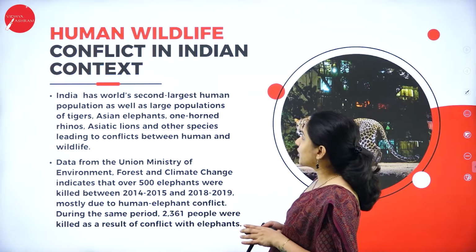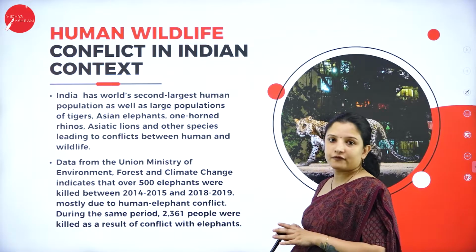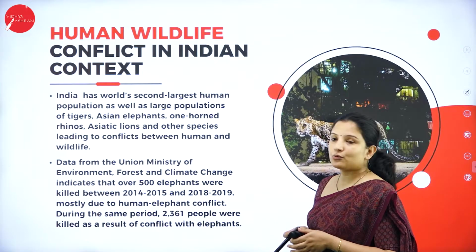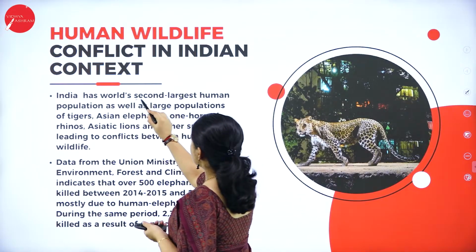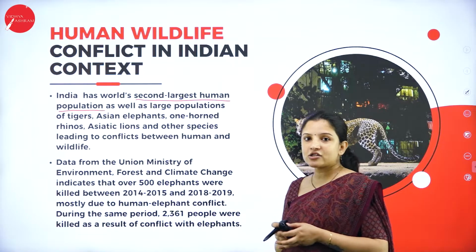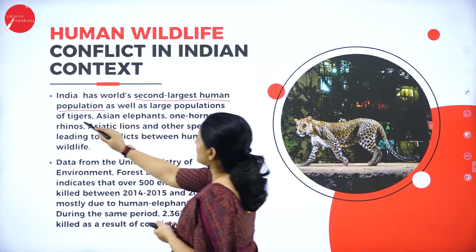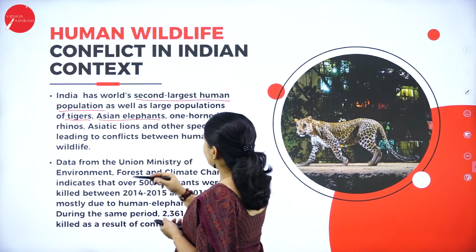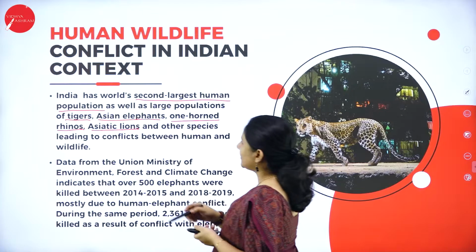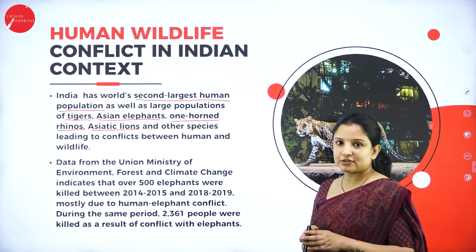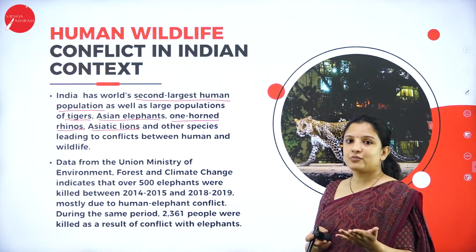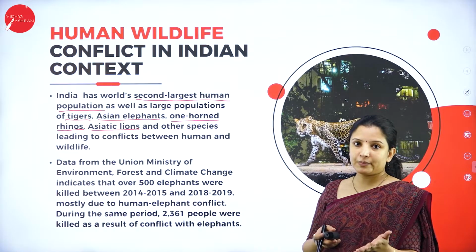So next let's talk about the human-wildlife conflict in the Indian context. India has the world's second largest human population, and it also has large populations of tigers, Asian elephants, the one-horned rhinoceros, the Asiatic lions, and other species of animals, which often leads to conflict between these animals and human beings.